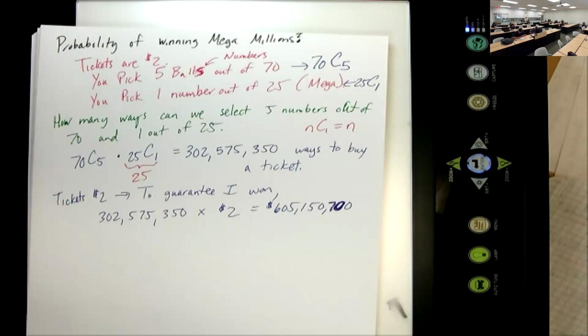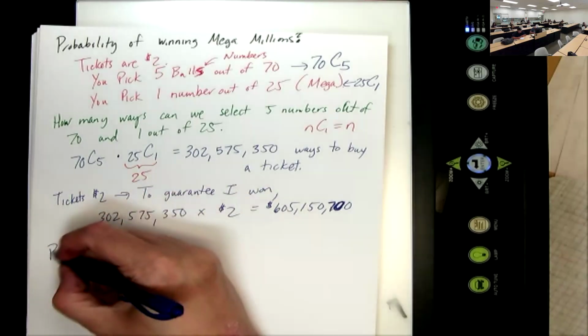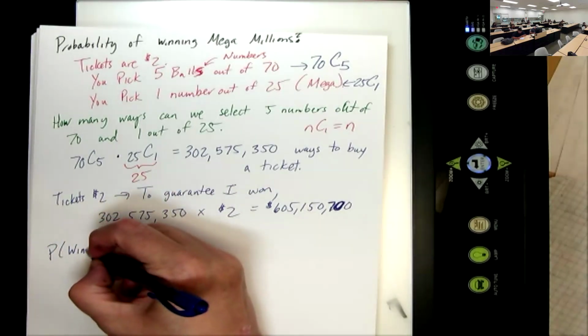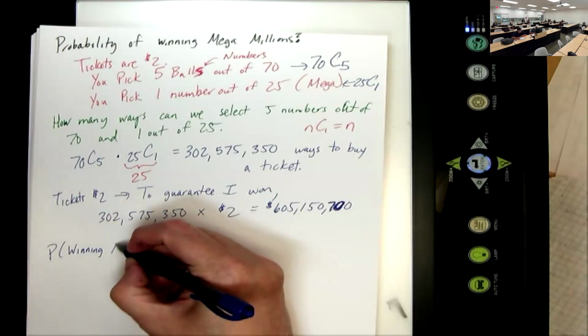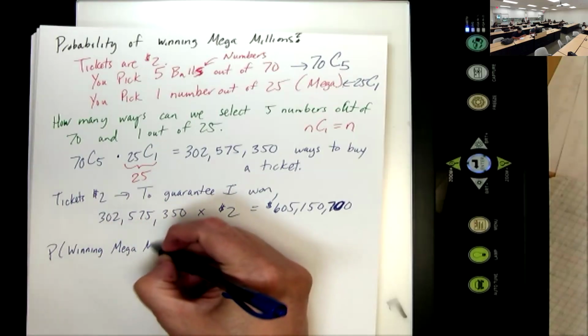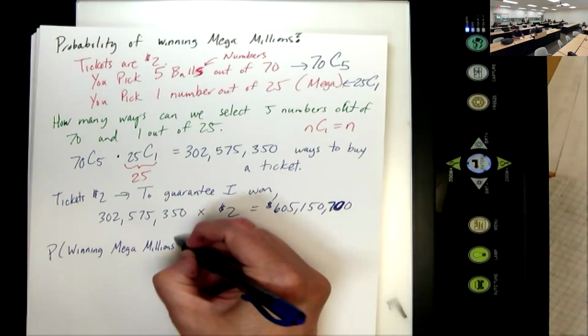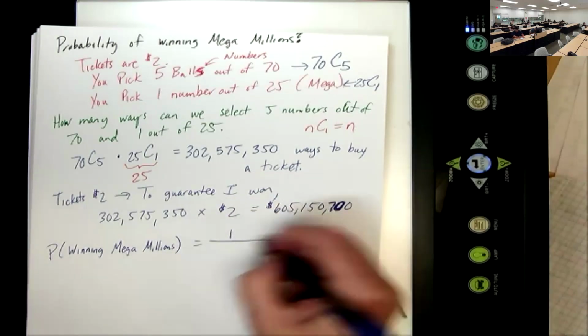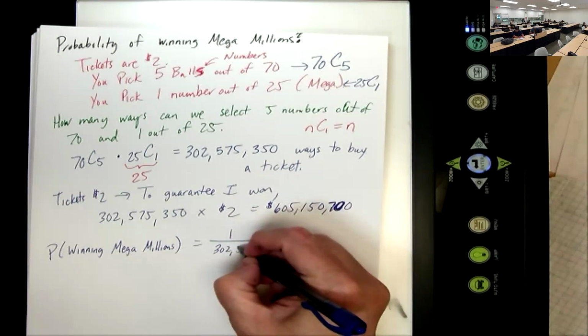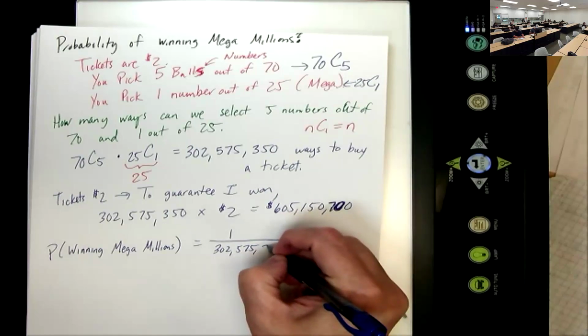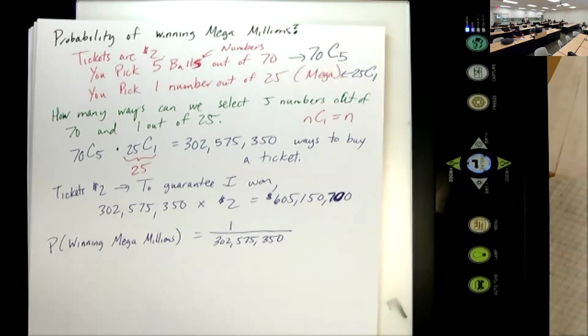If there's 302 million tickets, how many ways are a winning ticket for the top prize? There's one, right? So the probability of winning the Mega Millions is 1/302,575,350.